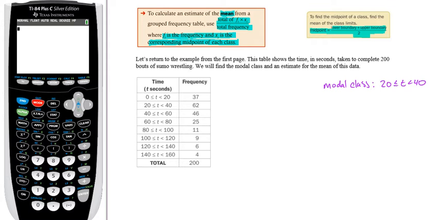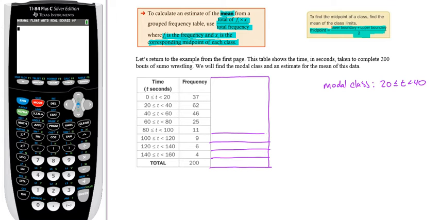To find the mean, the easiest approach is to add a few columns to your table. So we're going to add 2 columns. The first column is going to represent the midpoints of our intervals. So when you have a grouped frequency table, you don't actually know any of the specific values for your data.